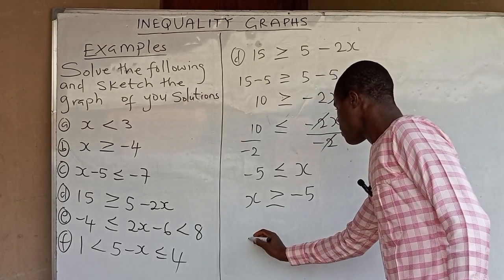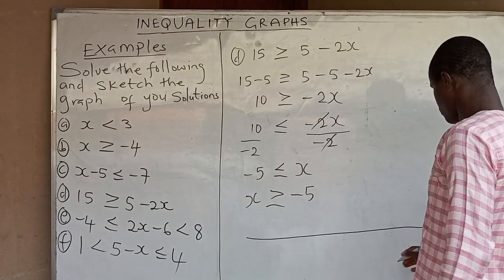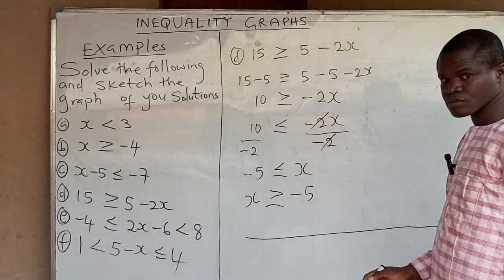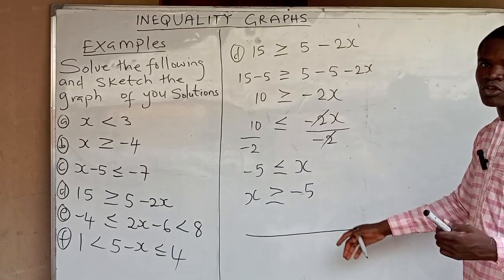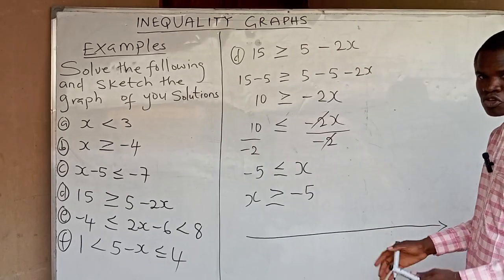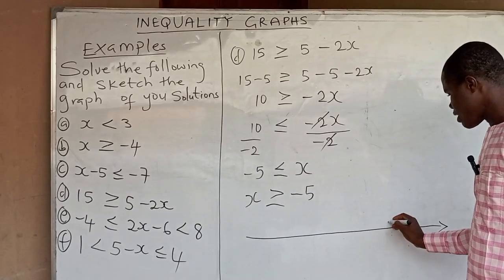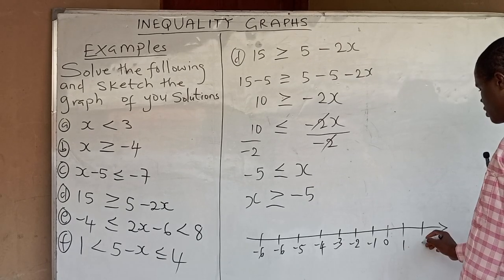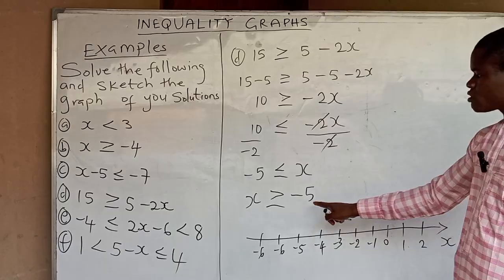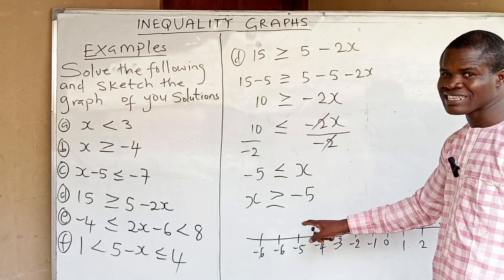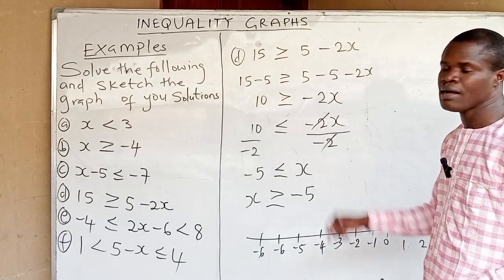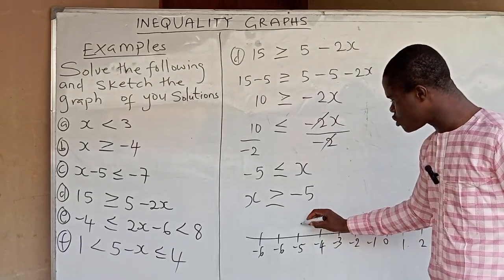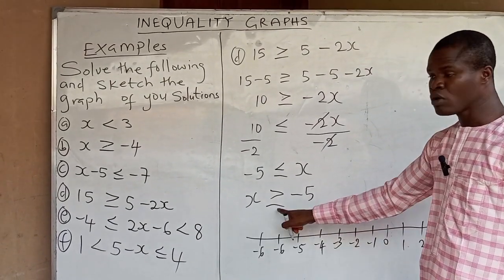So this is x. Okay, so since the boundary point is minus 5, just make sure that your number line captures minus 5. So we can start from here. This is 0, 1, 2. So since we are dealing with minus 5, the boundary point is at where? Minus 5. So above minus 5, we make our circle.